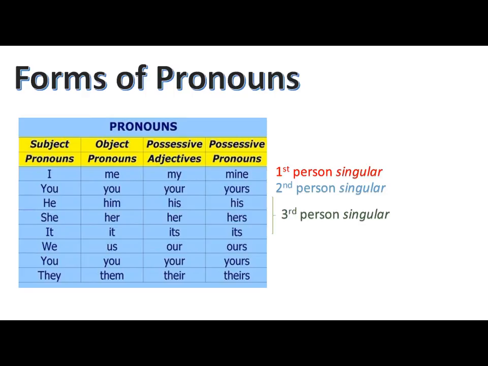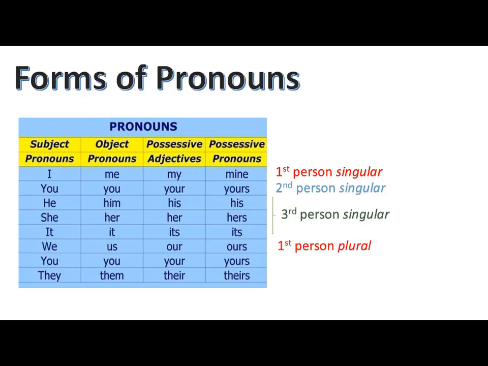So this is where I'm not the one involved, and you're not the one involved, but I'm writing as a detached narrator, or I'm talking about other people in a conversation. I use these third person pronouns to refer to whether they are male, female, or whether it is a particular object or place.